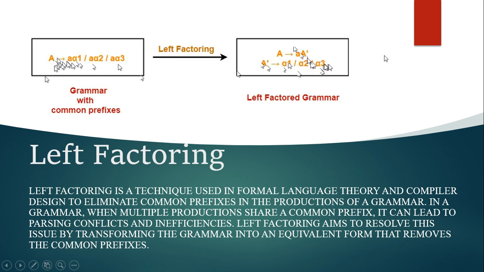In a parse tree, we go on A and then A dash, and in A dash we can give alpha 3 directly if we want A alpha 3. So it depends on giving a common prefix to the strings.